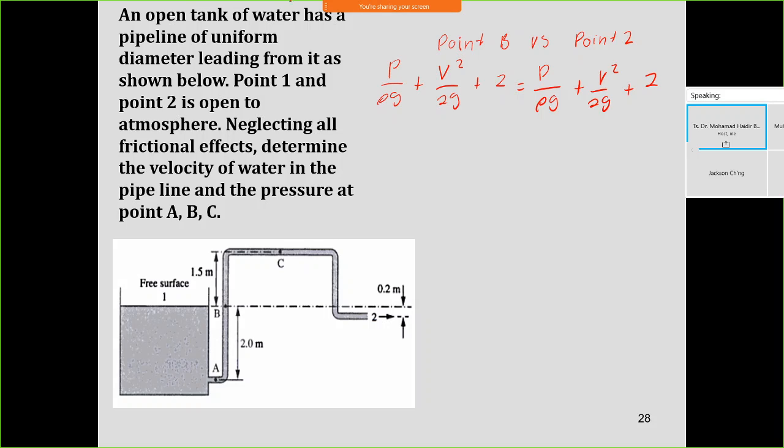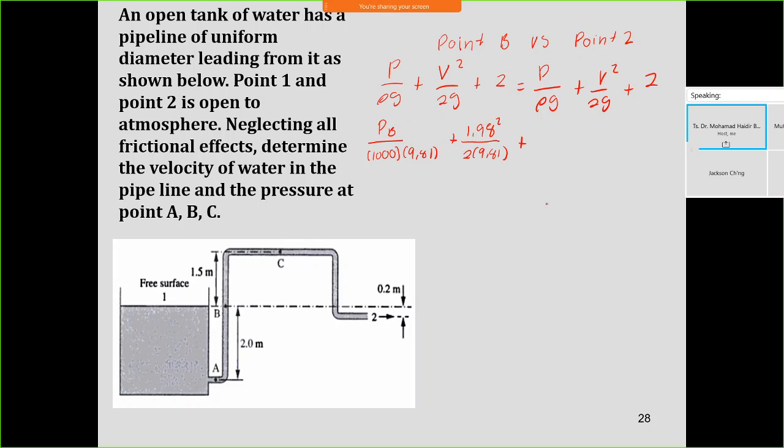The pressure at point B is what we are searching for, over 9.81 times 1000, plus V square over 2g, 1.98 square over 2 times 9.81, plus Z.